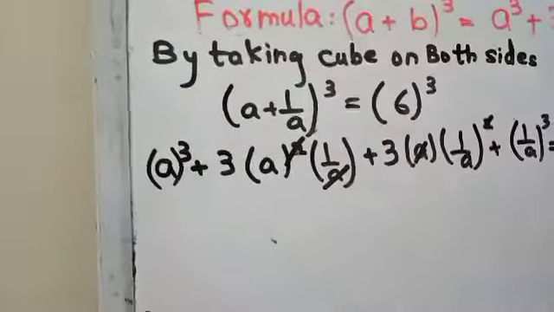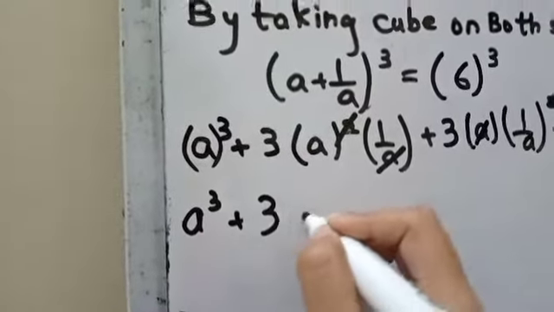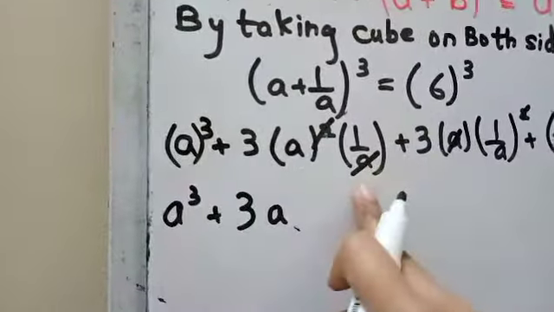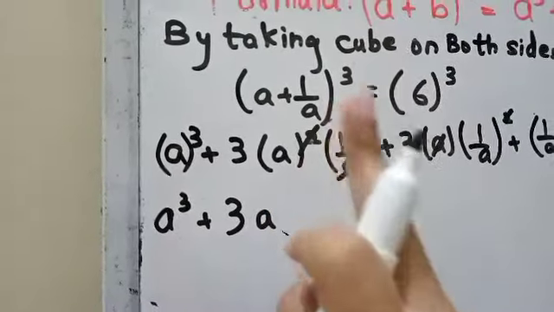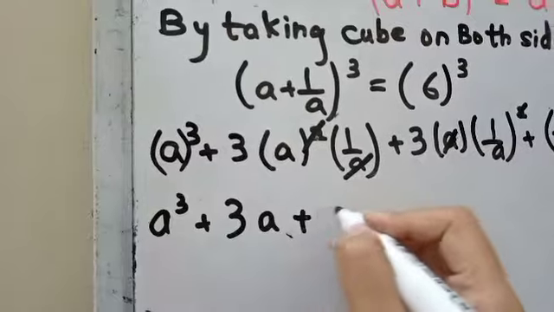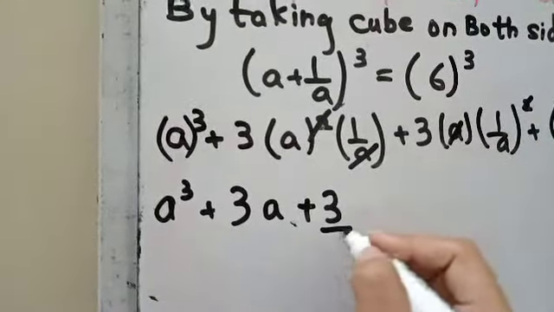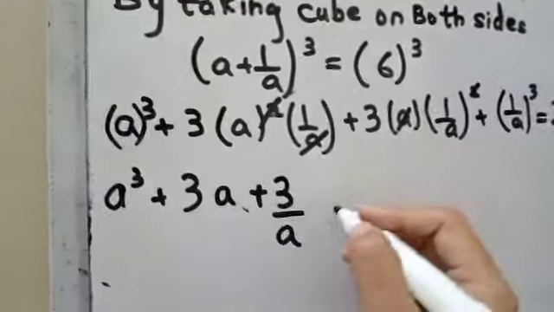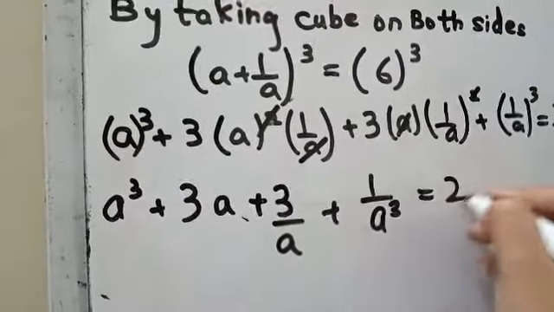Now I will see what is left. I will open the bracket, a cube plus 3a is left because 1 upon a is cancelled. Only a is left, only square is cancelled, so a is left. Plus 3, 1s are 3 and in denominator I have a, plus 1 upon a cube is equal to 216.